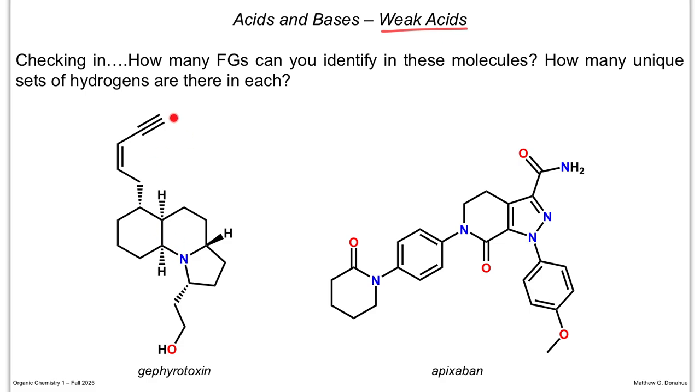And for all of these hydrogens, you're going to have a huge number of unique hydrogen sets. So within each set, you can assign a functional group, and then as we'll learn, you can assign an acidity to it.